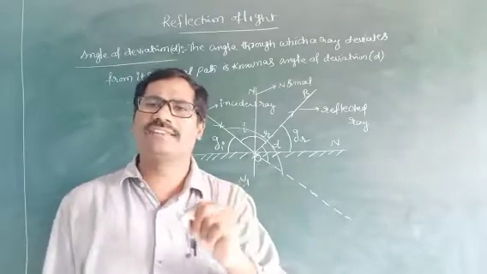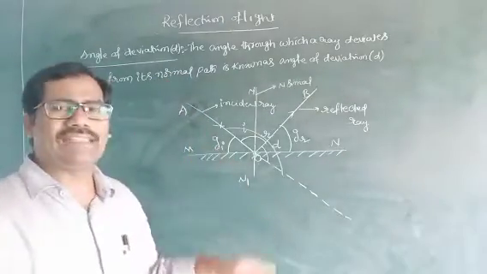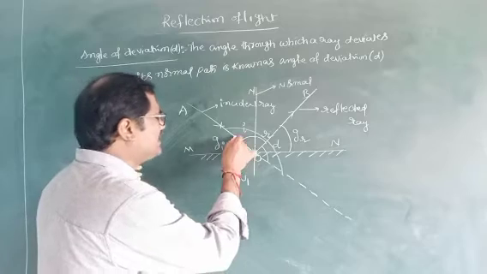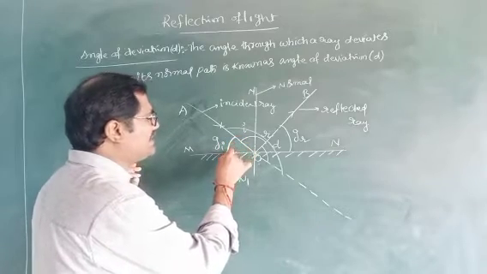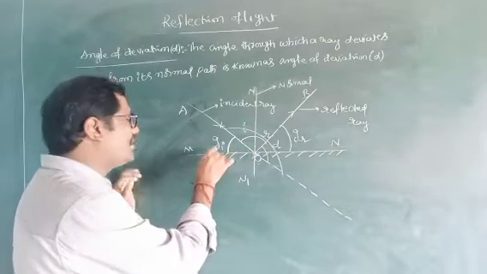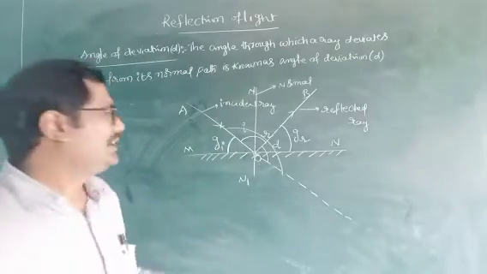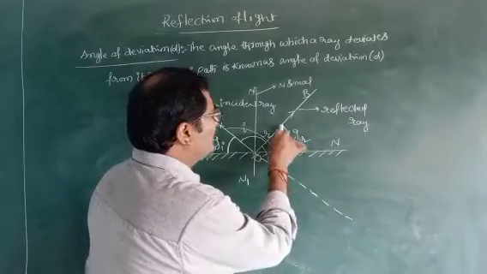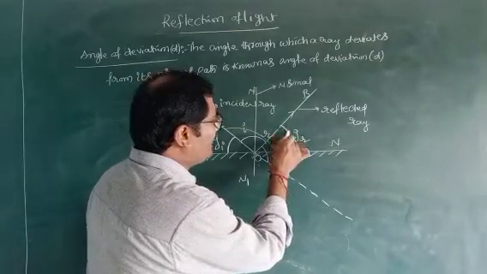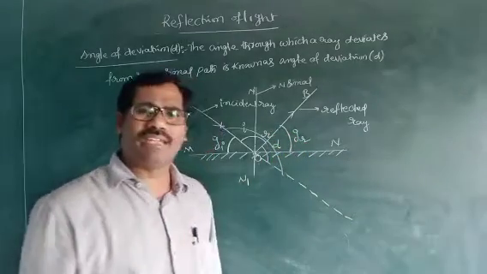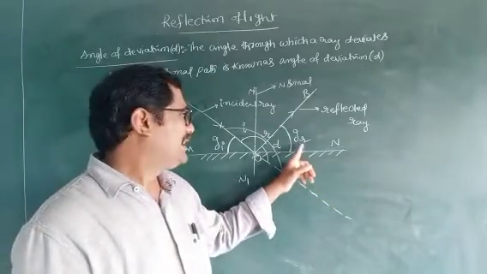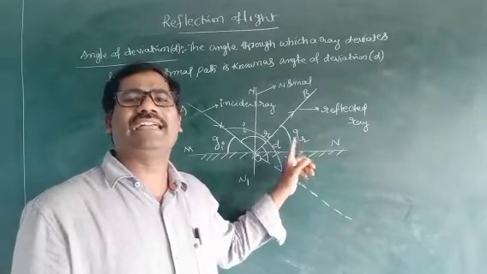The angle between the incident ray and the mirror is known as the incident glancing angle. The angle between the reflected ray and the mirror is known as the reflection glancing angle.